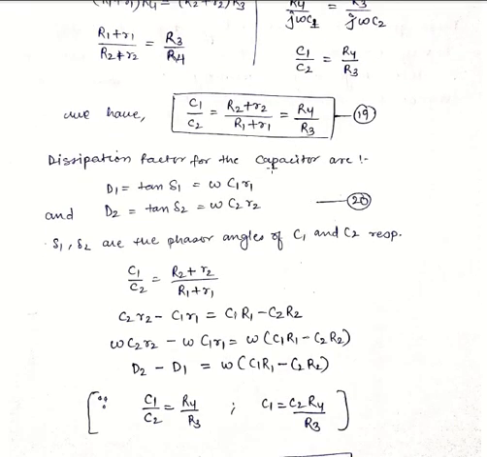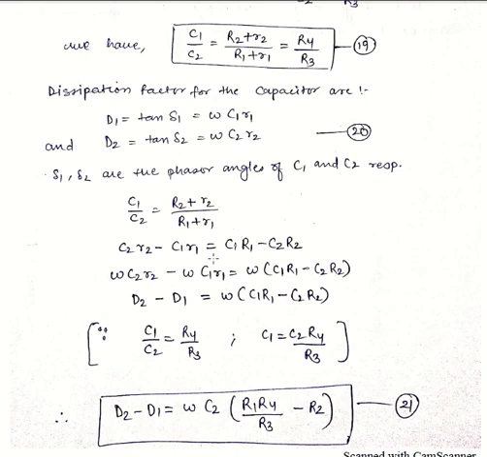The dissipation factor of the capacitors are D1 is equal to tan delta 1, which is equal to omega C1 r1, and D2 is equal to tan delta 2, which is equal to omega C2 r2. Here delta 1 and delta 2 are the phase angles of capacitors C1 and C2 respectively.